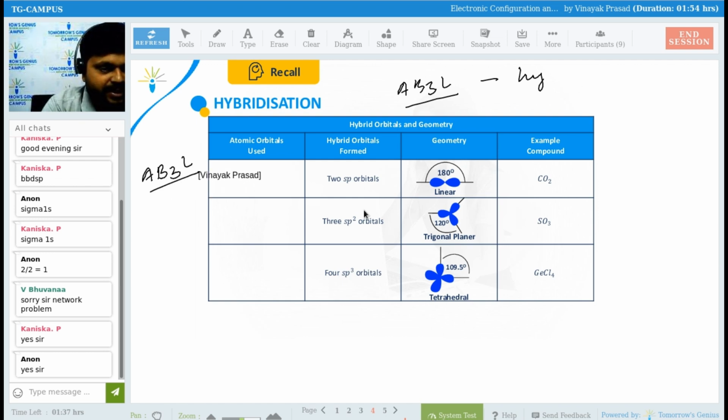Atachaya will be giving me the answer of this question. AB3L, what will be the hybridization for this?